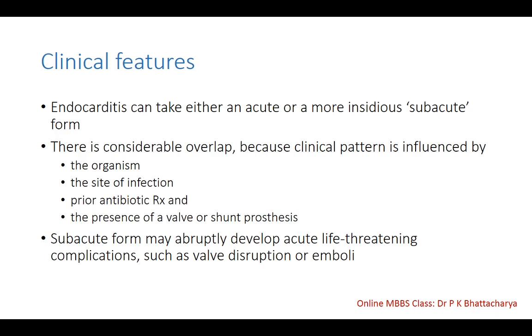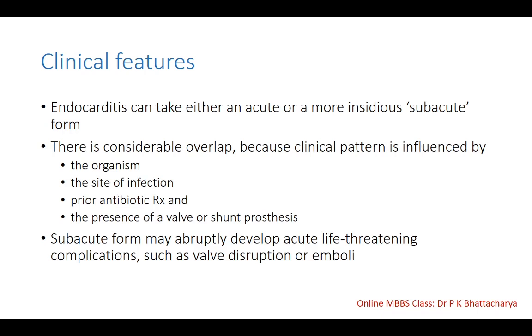Prior antibiotic treatment: if prior antibiotic treatment has been started suboptimally, an acute infection may present as a subacute variety. And the presence of a valve or shunt prosthesis: if there is an implant inside the heart, either a valve or a prosthesis, then the pattern of the infection may also differ.